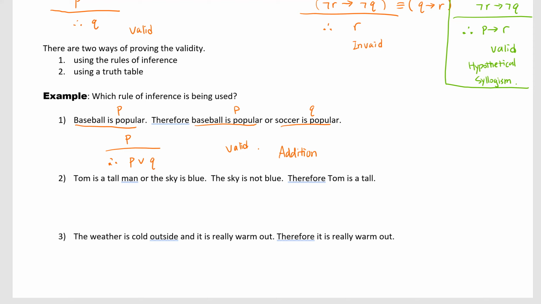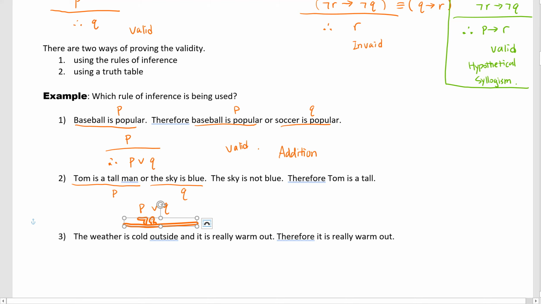Next. Tom is a tall man, or the sky is blue. So this is P or Q, right? The sky is not blue, so not Q. Therefore, Tom is tall. I ran out of space.